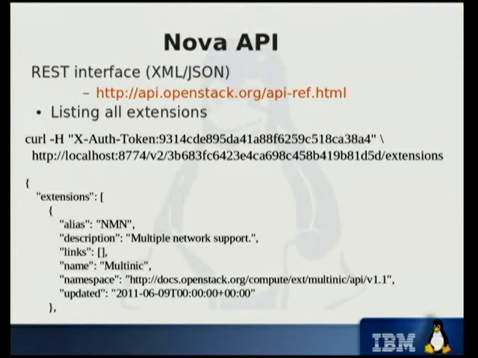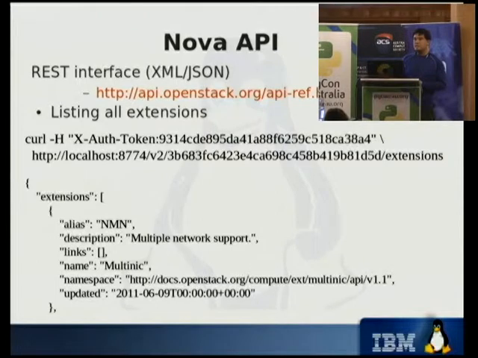So the current v2 API is a REST interface. We support both XML and JSON. JSON is probably by far the most well-tested and I think the most used interface out there. In fact, there have been some discussions on the mailing list recently about whether or not we can drop the XML interface. The reason being that supporting two interfaces at a time is quite a bit of overhead.